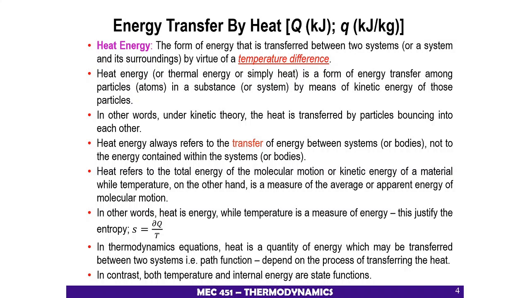Heat energy, or thermal energy, or simply heat, is the form of energy transferred among particles, atoms, in a substance or in a system by means of kinetic energy of those particles. In other words, under kinetic theory, heat is transferred by particles bouncing into each other.